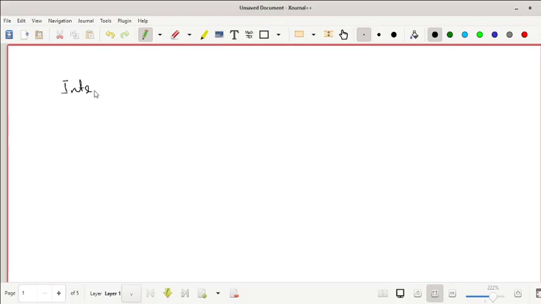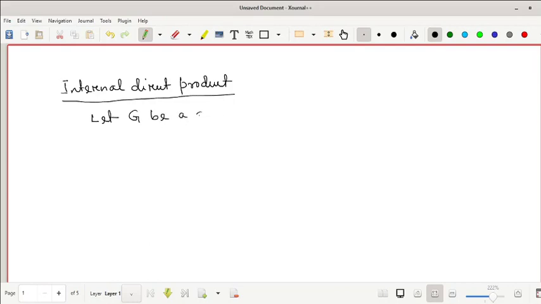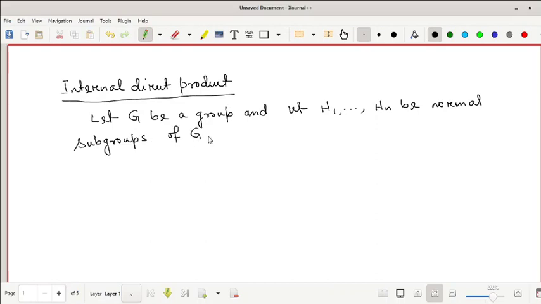Internal direct product. Let G be a group and let H1, H2, ..., Hn be normal subgroups of G. Okay.